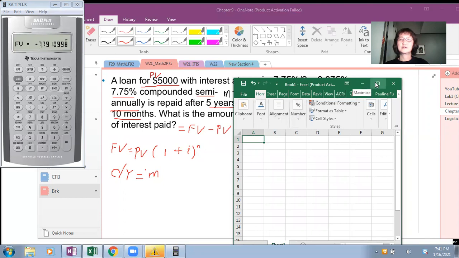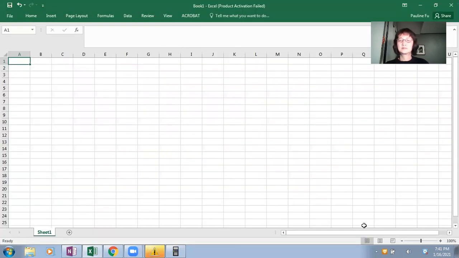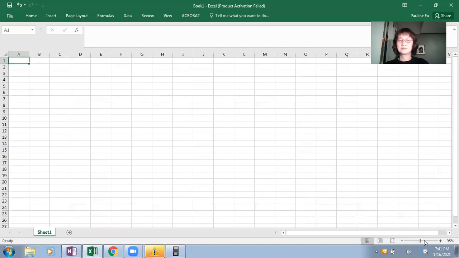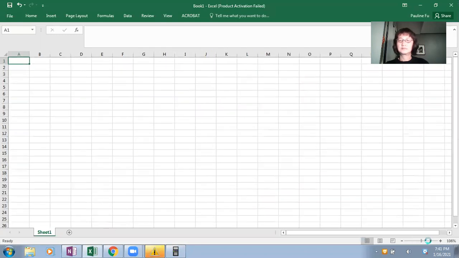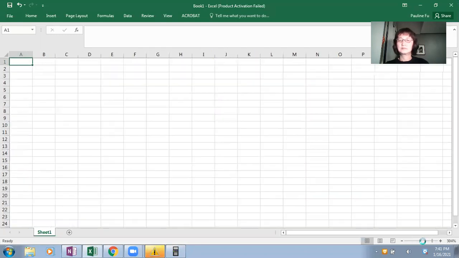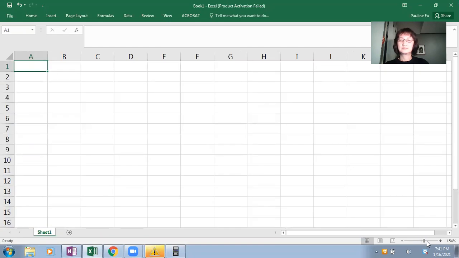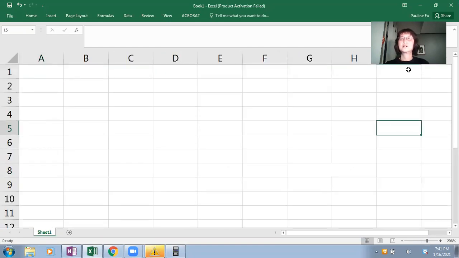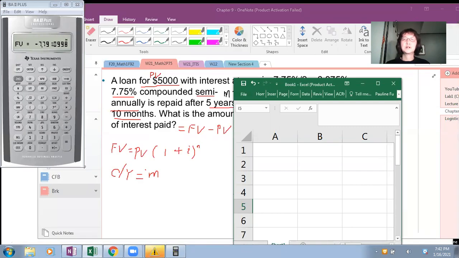I'll just adjust my window so that you can see the questions and the Excel formula.